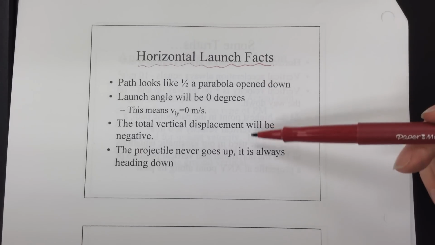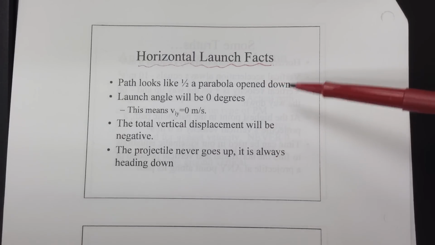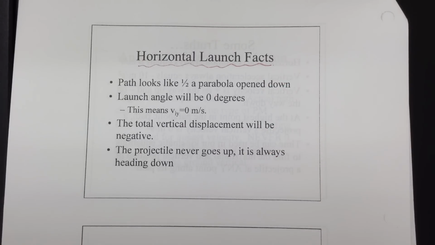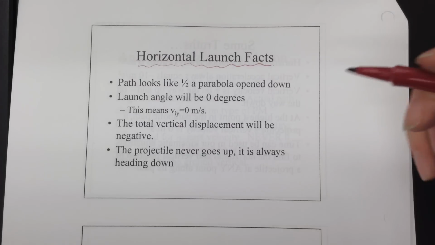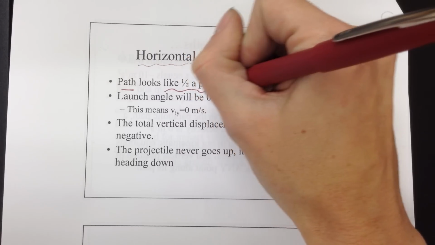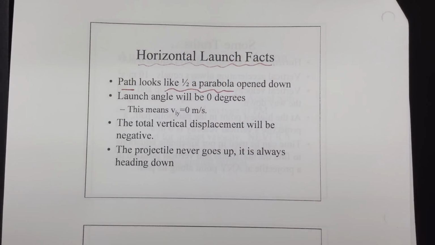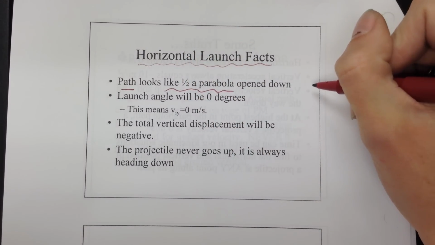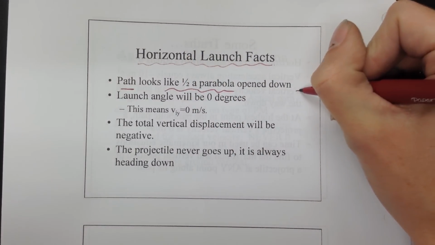This slide is very important because it gives you some straight up facts about these horizontal launches. For example, remember if it's a horizontal launch, the path the projectile takes looks like half a parabola that opens downward. Now I'm going to redraw that same picture I did on the very first slide of these notes.